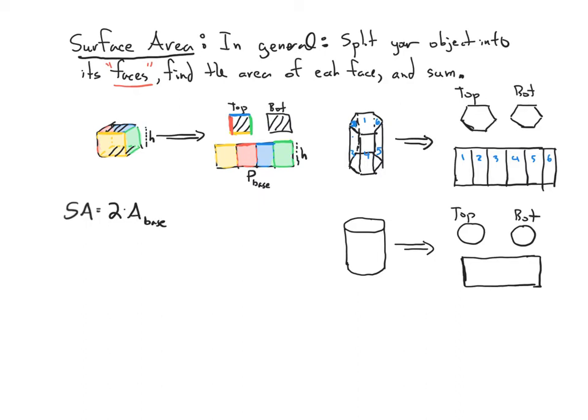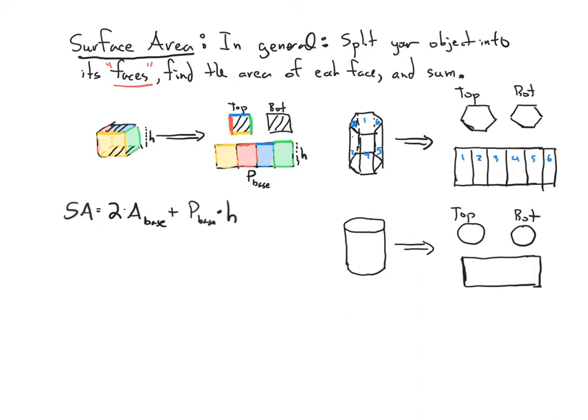Remember, in a prism, they are the same polygon, so they have the same area, plus the area of the outside, the lateral faces here. So what is that area? Well, we worked it out. It's just the perimeter of the base times the height.